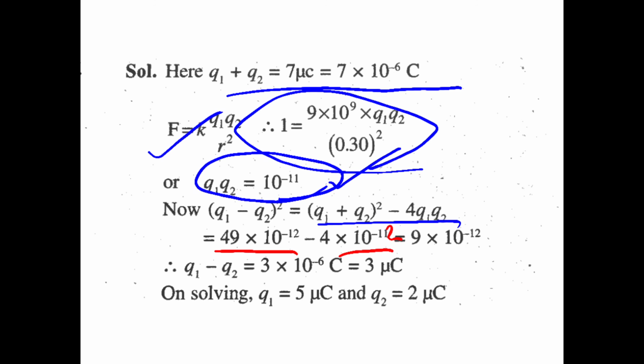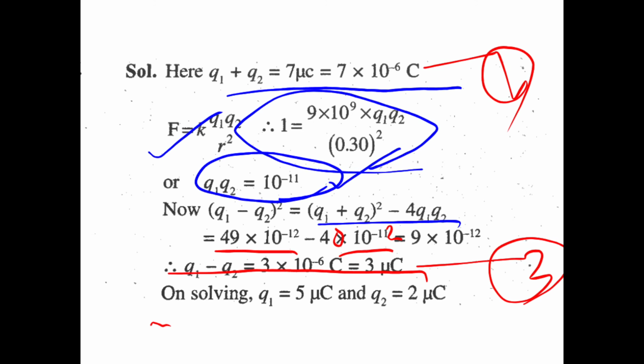So this is equation 1 and this is equation 2. Solving these, Q2 cancels out, 2Q1 is equal to 10. So Q1 is equal to 5 and the other is 2.